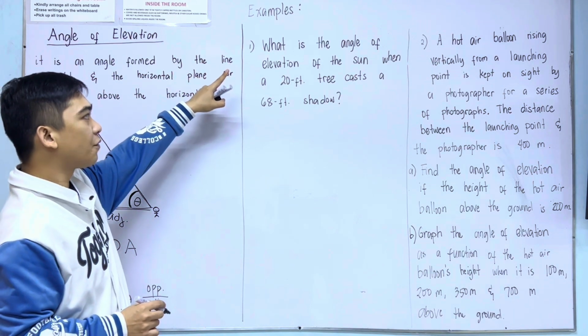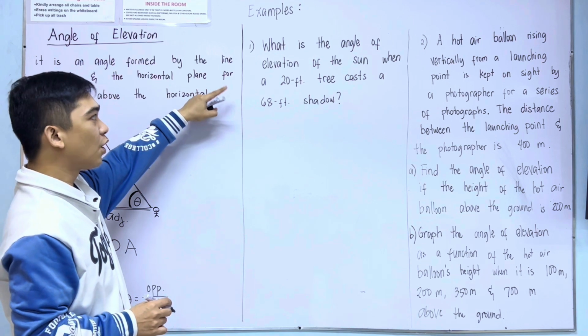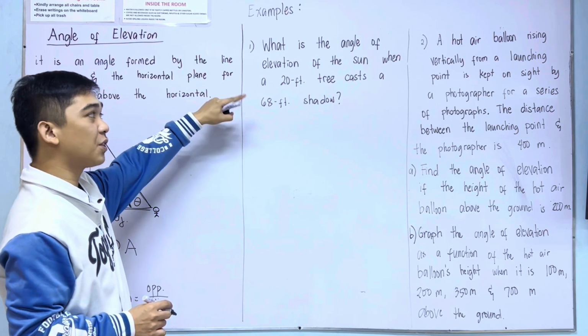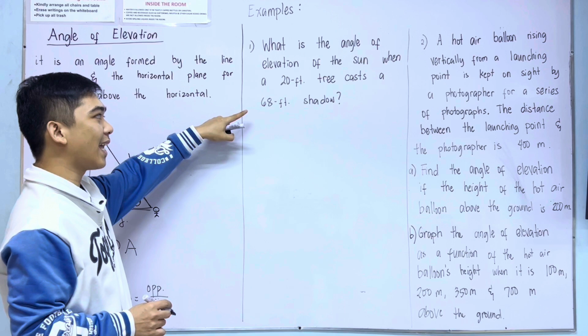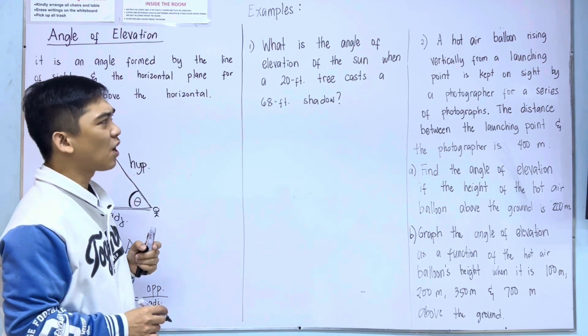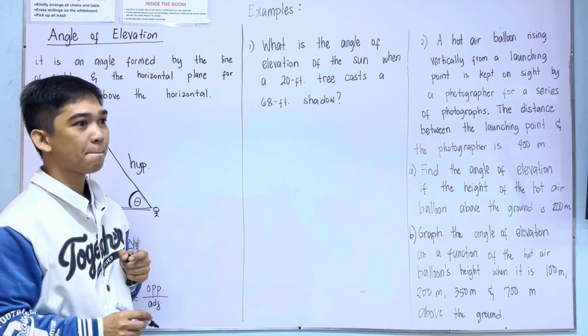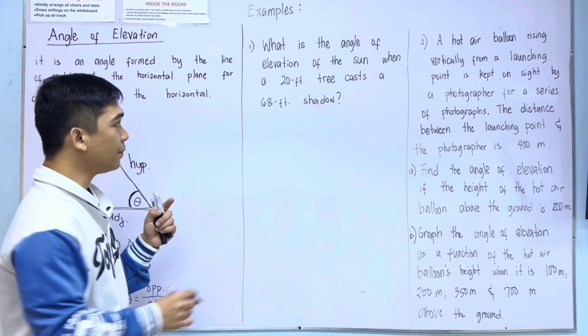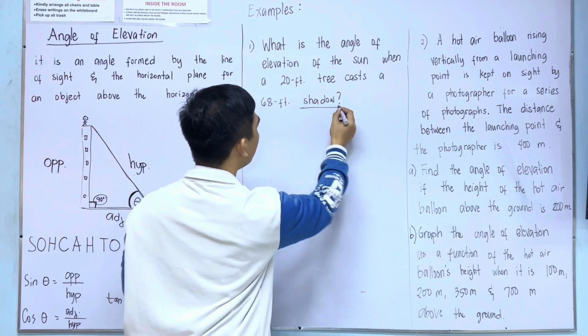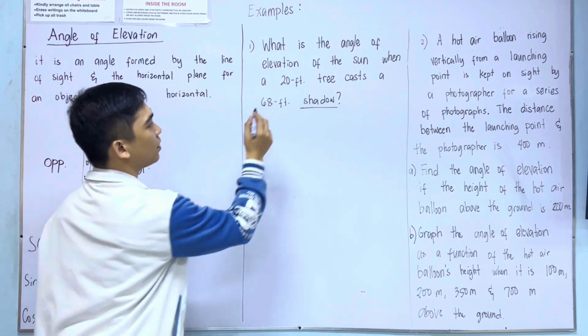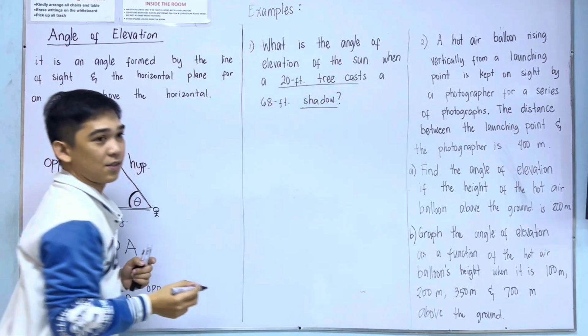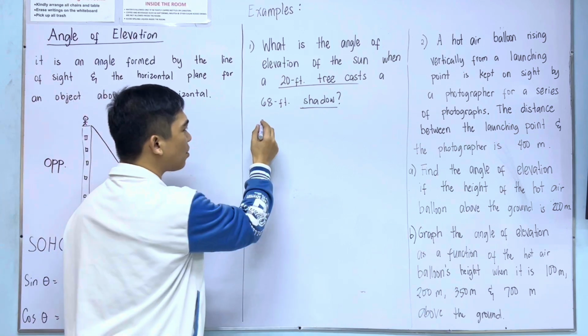What is the angle of elevation of the sun when a 20 feet tree casts a 68 feet shadow? So, anong mga objects meron tayo? Meron tayong shadow. At meron tayong tree. So, imagine meron tayo, andito yung sun.